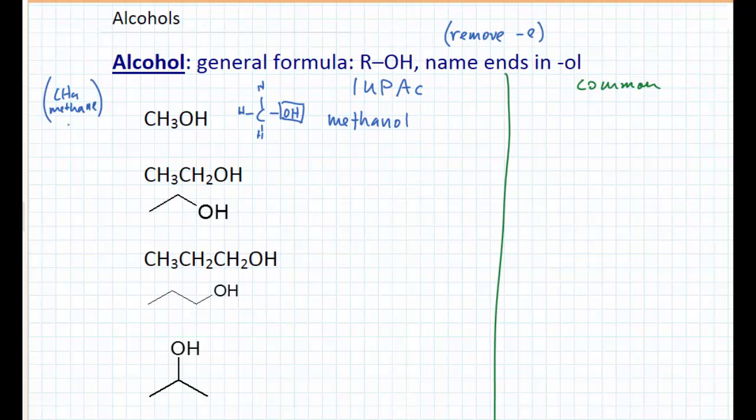So that's the IUPAC name. Let's just do all the IUPAC names, and then we can do all the common names at once, because it's a real simple conversion. So what about this one here with 2 carbons? Ethanol. Ethanol is the alcohol that is in beer and vodka and alcoholic beverages.